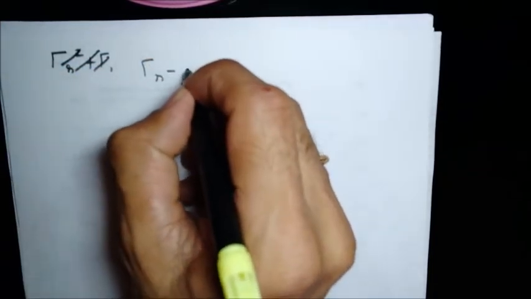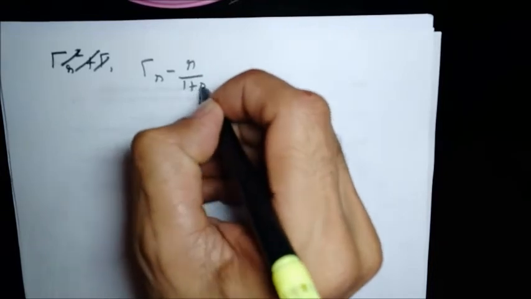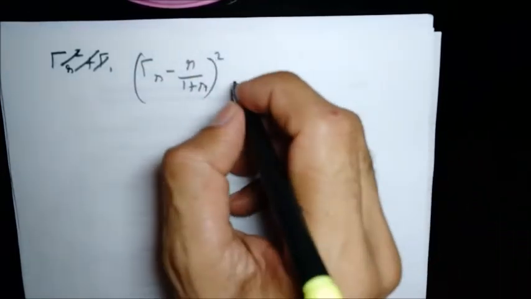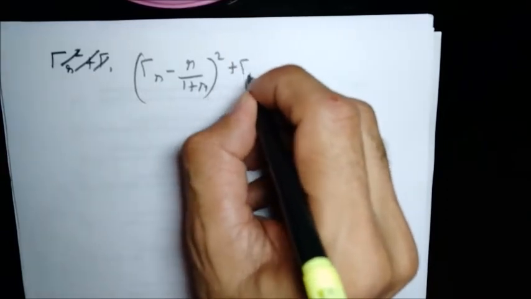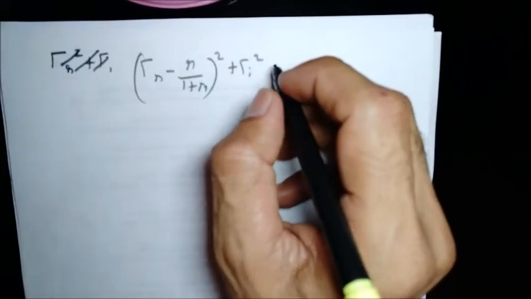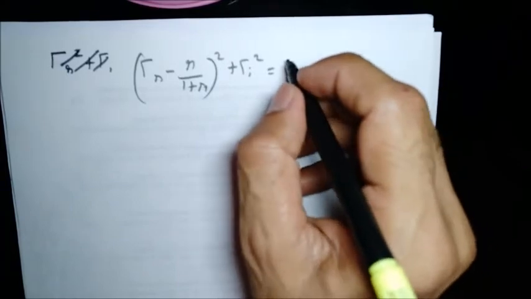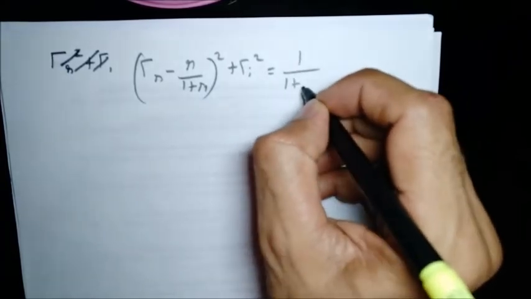gamma r square plus gamma r minus r by 1 plus r whole square plus gamma I square equal to 1 by 1 plus r whole square.